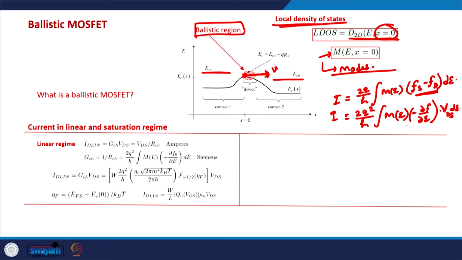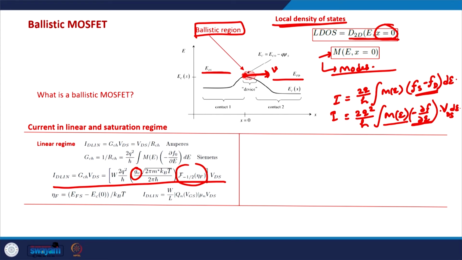So, if we simplify this expression by putting the number of modes and taking the derivative of this, this is what we obtain: W times 2q squared by h, GV is the valley degeneracy, and square root of 2 pi m star kBT by 2 pi h bar, Fermi-Dirac integral of order minus half.